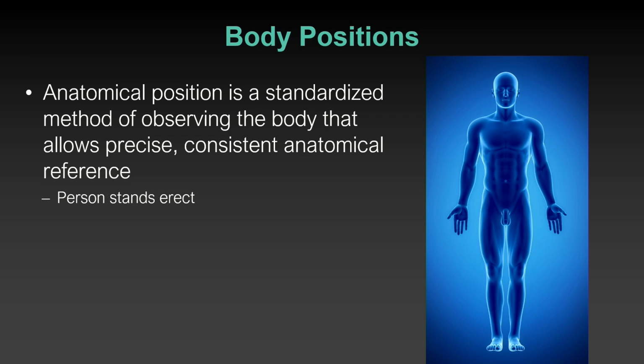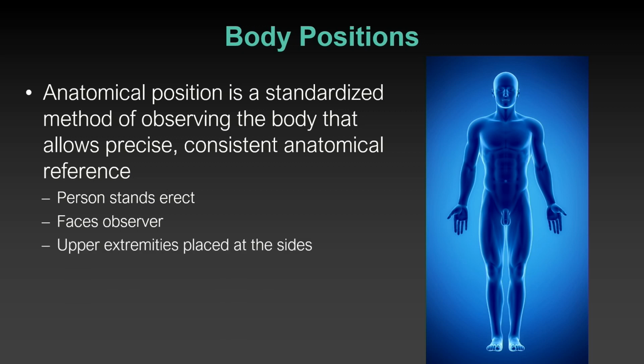The limbs are together. The upper limbs are by the sides, the lower limbs are together, the head is neutral and faces the observer. So generally, a cadaver is lying on its back, or a living specimen is standing facing you in a neutral position, all limbs together. The upper extremities are at the sides, the lower extremities are together, and the palms are turned forward.